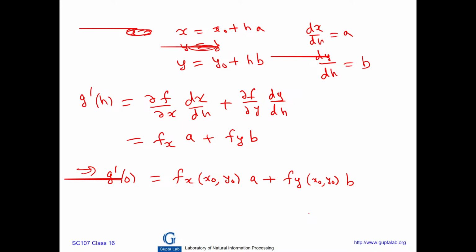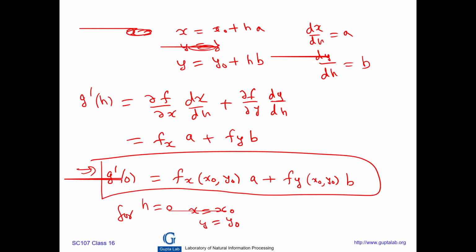So this is the formula. Now if I have to compute the directional derivative in any direction, just compute the partial derivatives, and then use the components a and b of whatever direction vector you want, and this will give you the value.